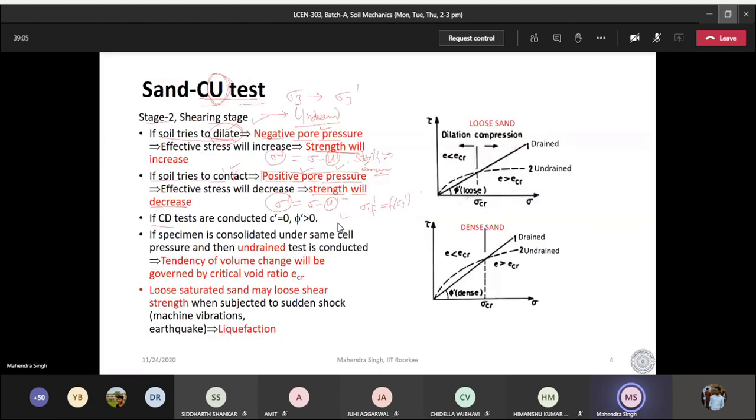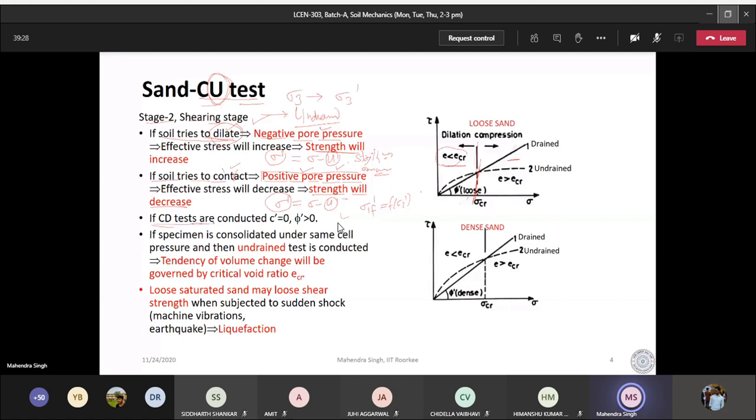And here also, if you are working in the range where the void ratio is less than critical, or if the void ratio is more than critical, then there will be different behavior.